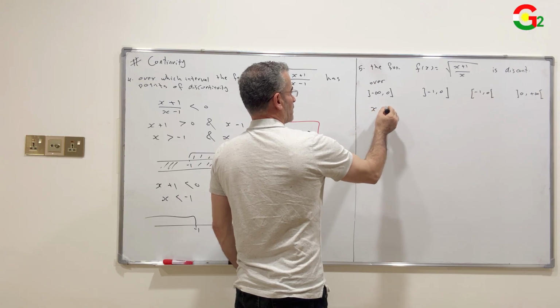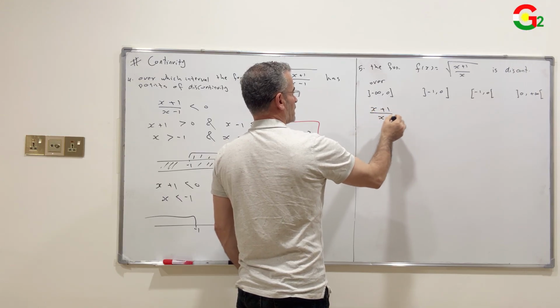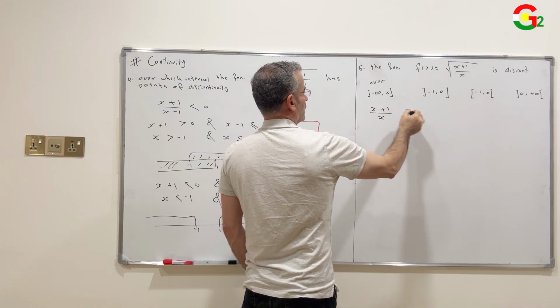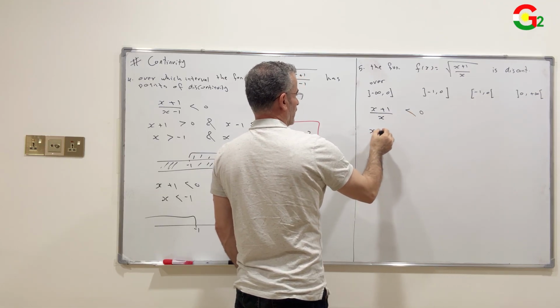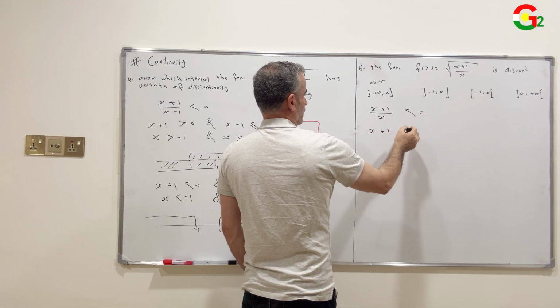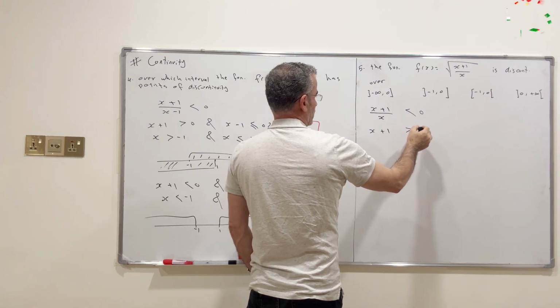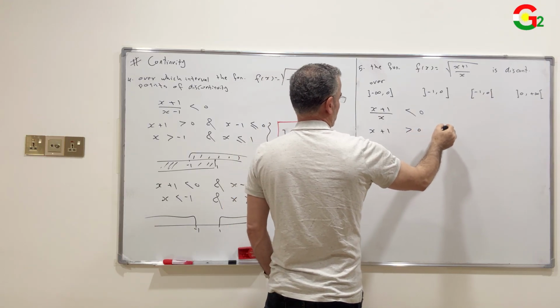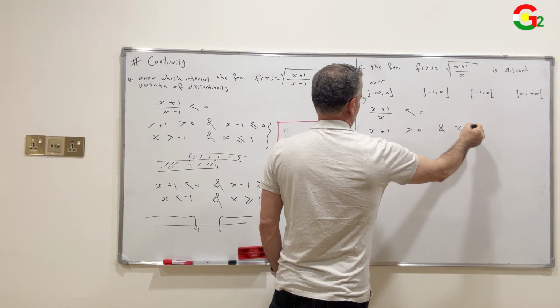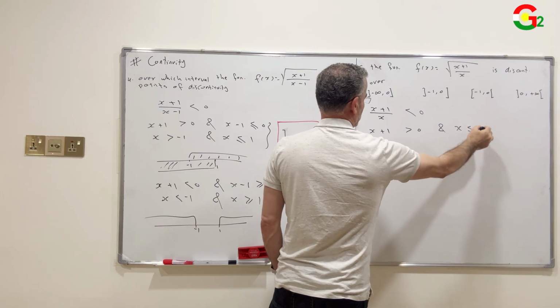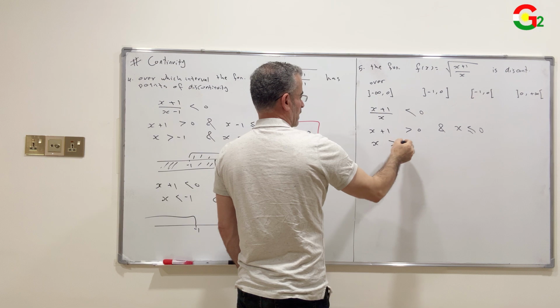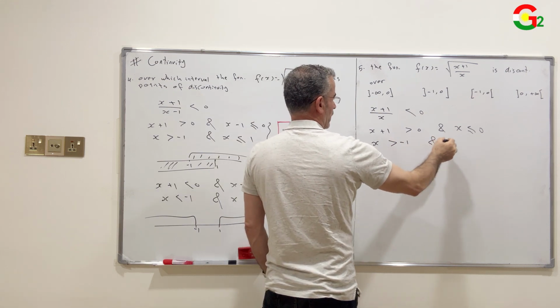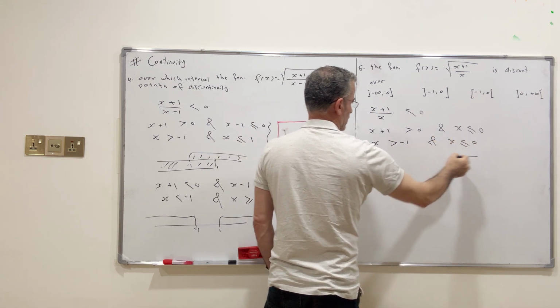Also, (x + 1)/x should be less than 0. Therefore, either x + 1 > 0 and x ≤ 0. In this case, x > -1 and x ≤ 0.